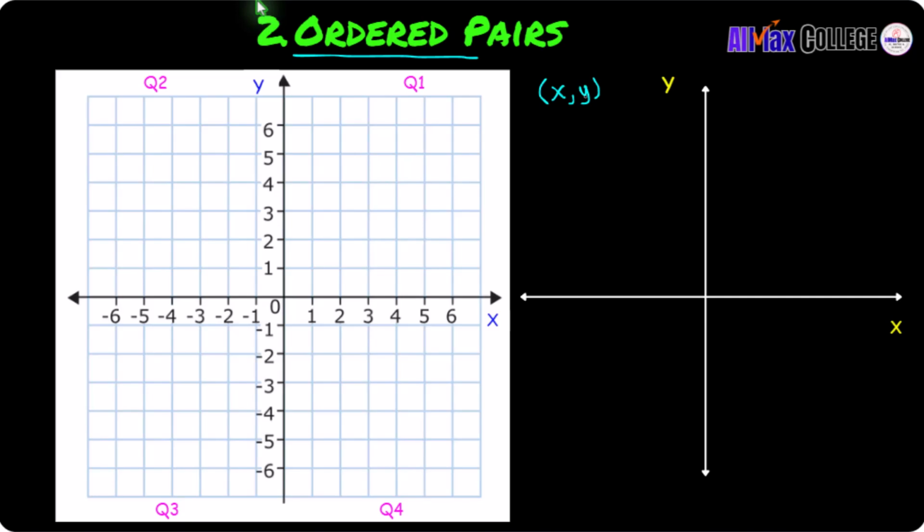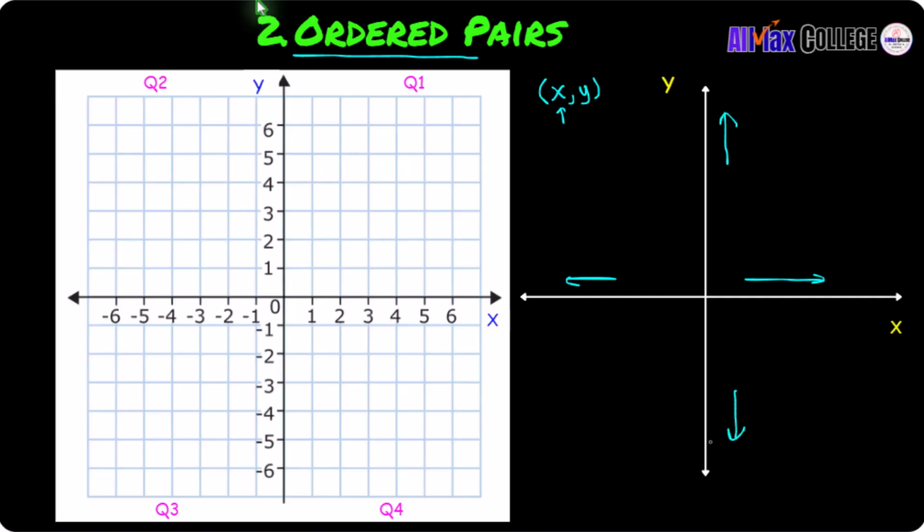It's two numbers inside brackets separated by a comma. The first number tells you how far to go left or right on the x-axis. The second number tells you how far to go up or down on the y-axis.